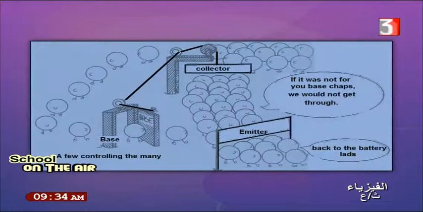Okay. And we can demonstrate this in a very simple way. Okay, look at this image and try to figure it out. We've got a passage of a few persons here, but the passage of these few persons through the gate, yes, raises the door of the collector to allow the current of the emitter to flow.